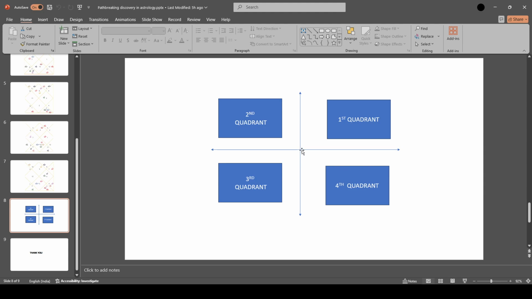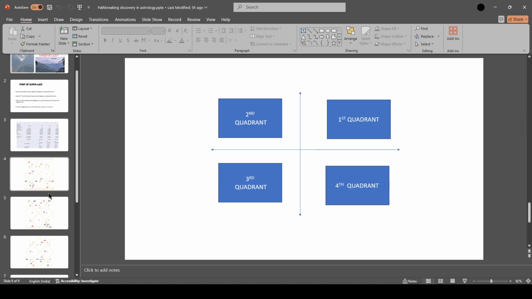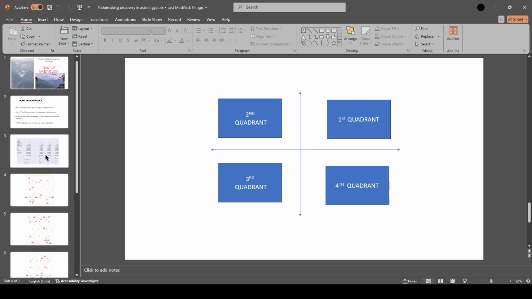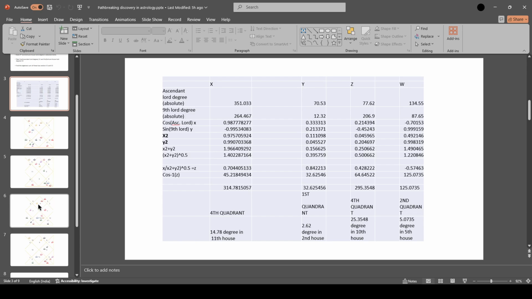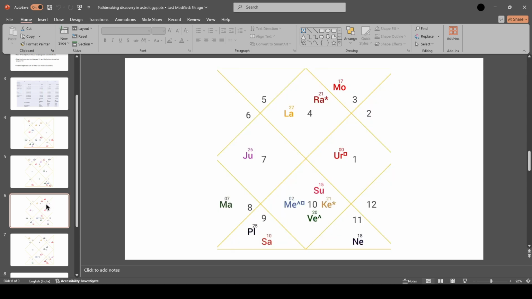It is in the fourth quadrant. And for that, again, it has to be deducted from 360. So the point is 295.35, and the nearest multiple of 30 is 270. So it has completed 30 into 9, 270, and now it is in 10th house. So for this chart, the point of massive luck falls in 10th house.